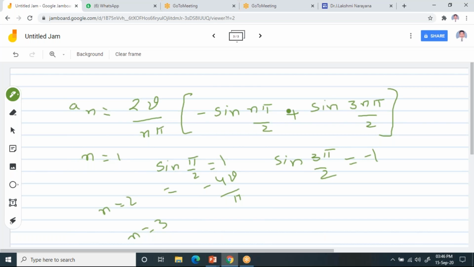It's your turn, my dear students. Please post it in the chat box. What is the value of an when n equal to 2 and n equal to 3? Already I have given the equation for an there.